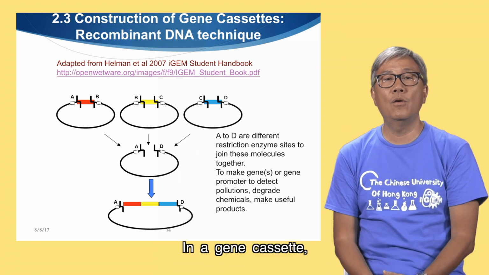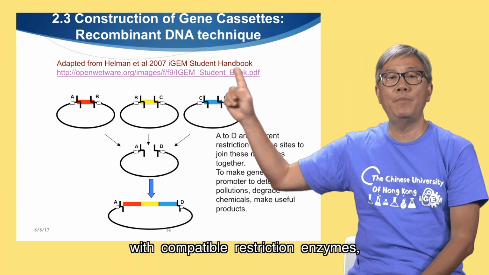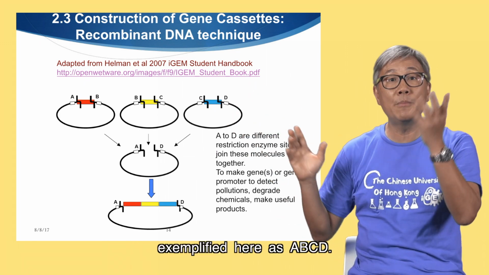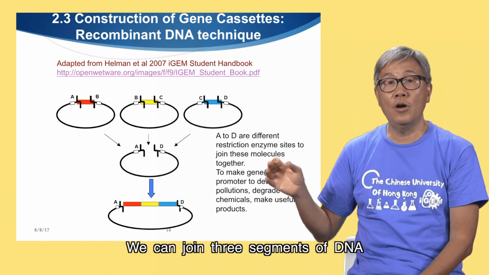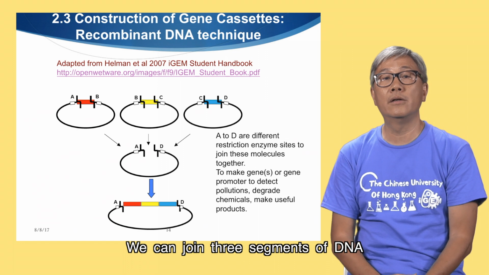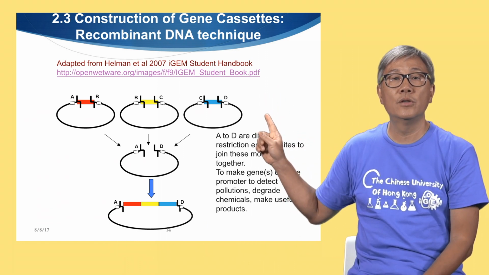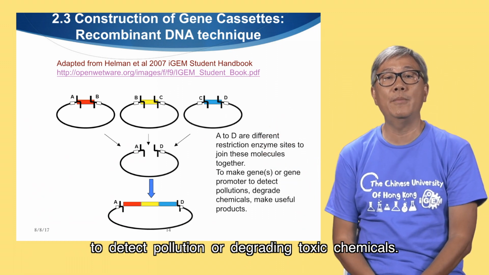In a gene cassette, we can put different gene segments together with compatible restriction enzymes, exemplified here as A, B, C, D. We can join 3 segments of DNA or join a gene promoter to a coding region to detect pollution or degrade toxic chemicals.